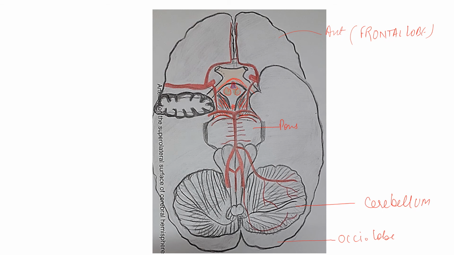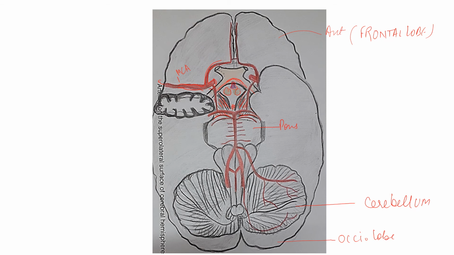Now if you look around this interpeduncular fossa, you are seeing part of the internal carotid artery. The internal carotid artery gives off the middle cerebral artery, which supplies the lateral surface of the brain. Next we have the anterior cerebral artery that lies below the optic nerve.